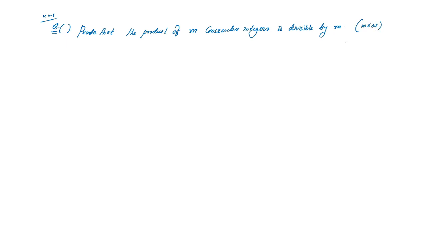That means the product of two consecutive integers is divisible by 2, the product of three consecutive integers is divisible by 3. That we have to prove. So how to prove this kind of problem?